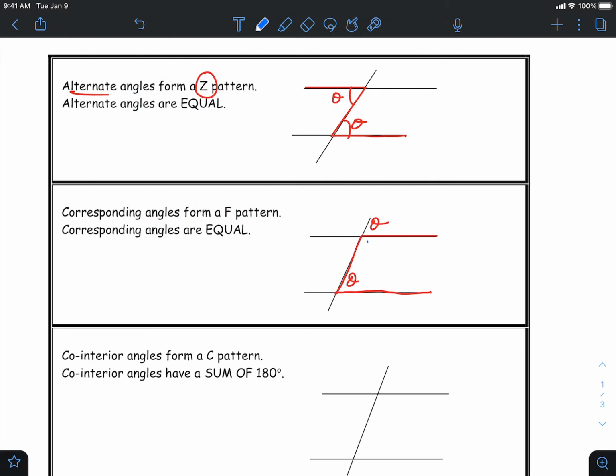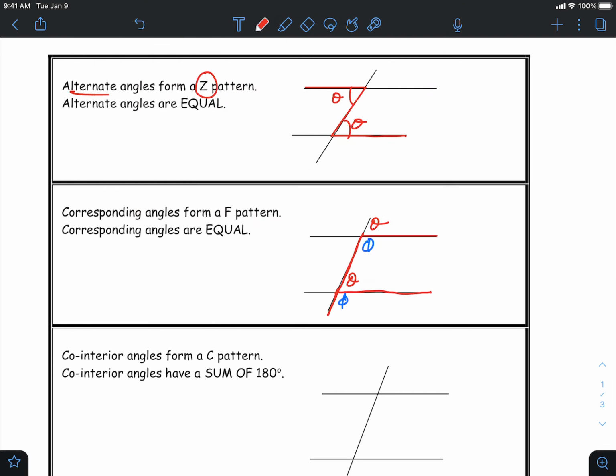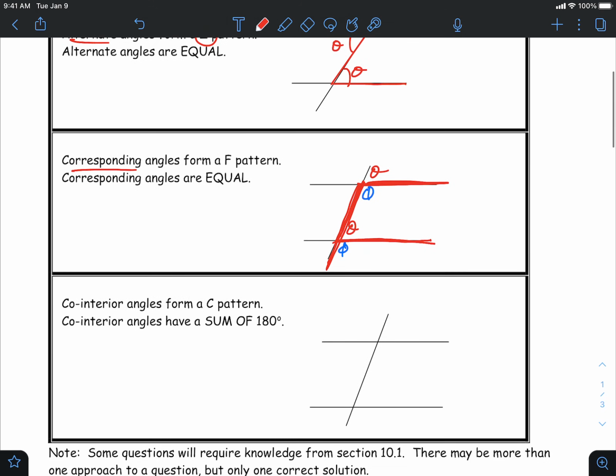And this could be phi. Remember phi? That's what we call an F pattern, if you will. You could draw an F. Everybody see the F there? So that's corresponding.